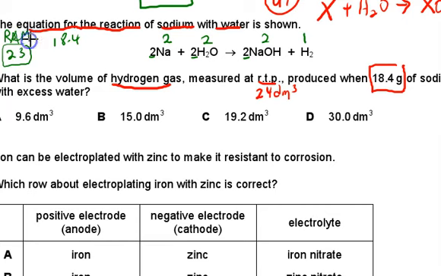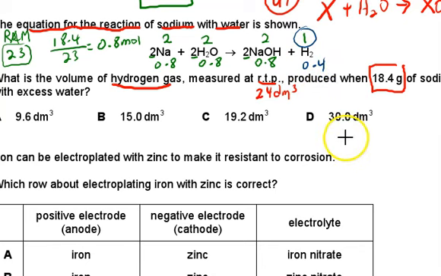So we divide it by 23 and we get 0.8 mole. So here you have 0.8 mole, 0.8 mole, 0.8 mole, and since here we have only 1, it will be halved, which is 0.4 mole reacting.